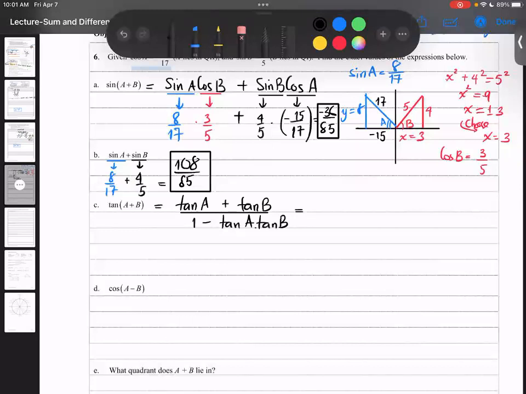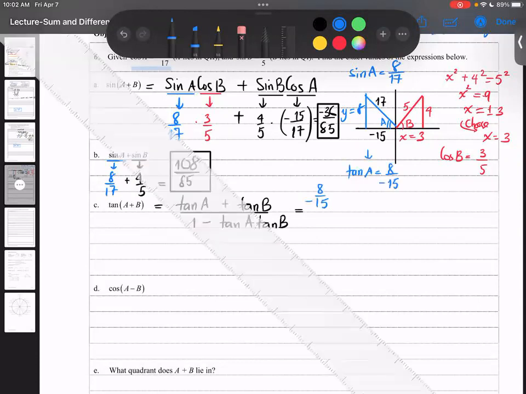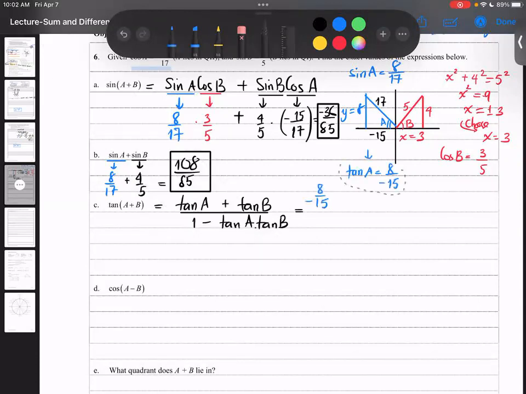Can someone tell me what tangent of A is? Tangent, we use the one in blue there. Tangent A is opposite, which is A, over adjacent, which is A over negative 15. And then tangent of B, opposite is 4 over adjacent is 3.